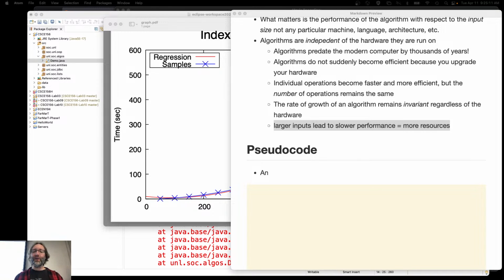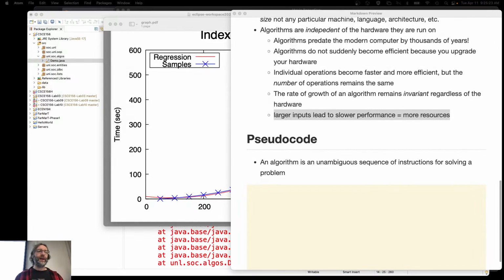So an algorithm, if I just pull out Webster's dictionary, is an unambiguous sequence of instructions for solving a problem. That's the dictionary definition, right? If you get into real theoretical computer science, this is not a sufficient definition.